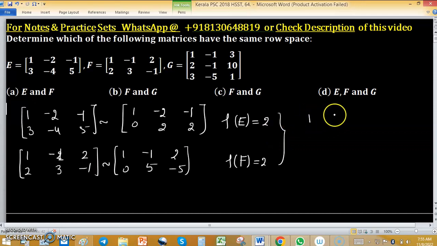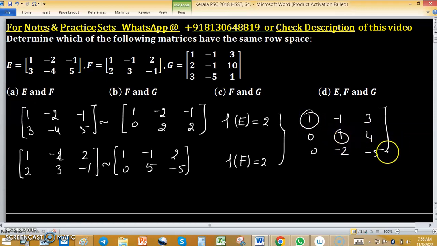After applying elementary row operation, the first row is the same, the second row is like 0, 1, 4, 0, minus 2, minus 5. So first pivot element, second pivot element and third pivot element.